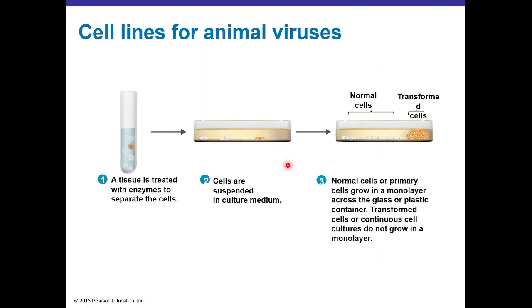Now, for animal viruses, you will use cells that you previously treated with enzymes to separate them, and then you put them in a special container that has culture medium.